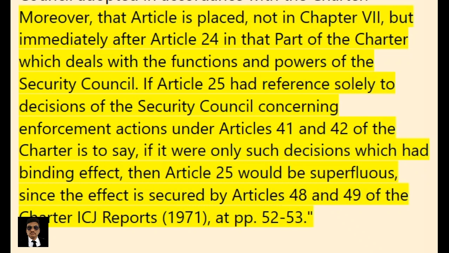If Article 25 had reference solely to decisions of the Security Council concerning enforcement actions under Articles 41 and 42 of the Charter, that is to say, if it were only such decisions which had binding effect, then Article 25 would be superfluous, since the effect is secured by Articles 48 and 49 of the Charter. ICJ Reports 1971 at pp. 52 to 53.